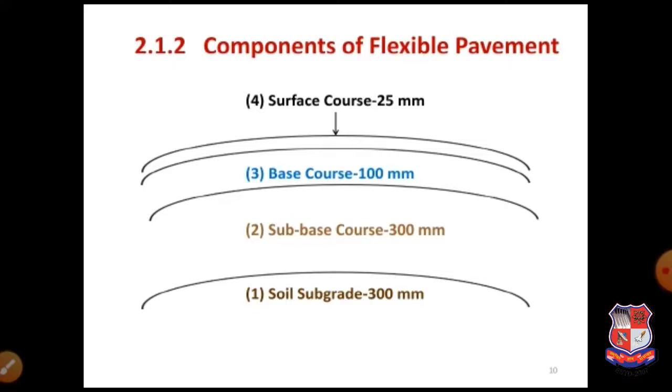Starting from the bottom: soil subgrade having 300 mm thickness, sub-base course having 300 mm thickness, base course having 100 mm thickness, and the top layer, surface course, is 25 mm.